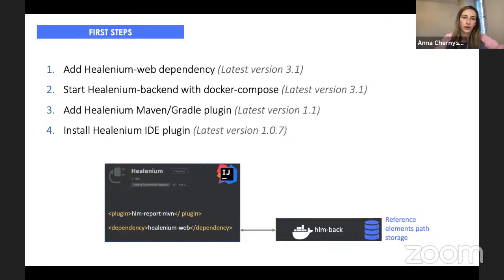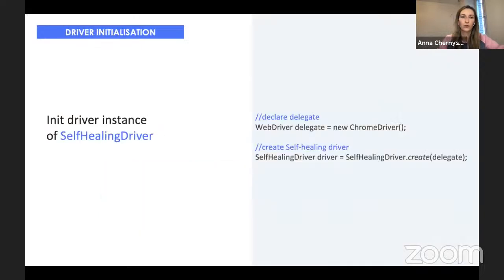Next step, add the Helenium Maven or Gradle plugin. It depends on what build system you use. And install the IntelliJ IDEA plugin. To write the tests, you just need to wrap your WebDriver with the self-healing driver. And that's all the modifications that you need to do in your test automation code.